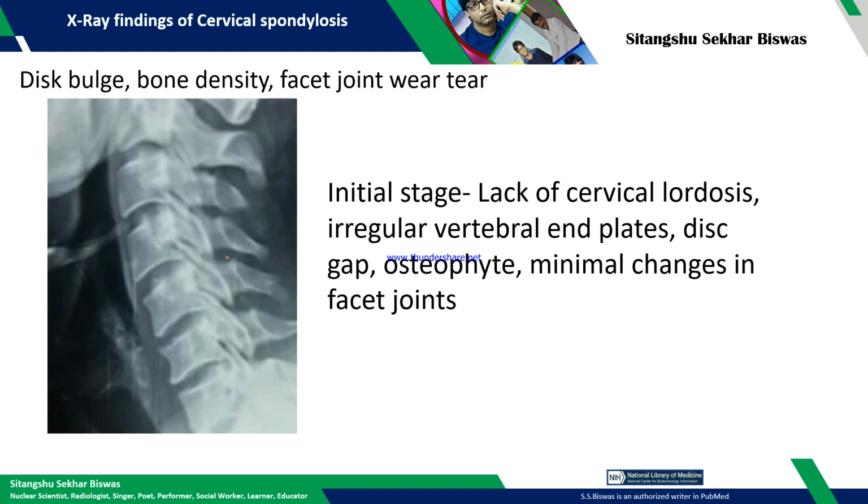Now you see this X-ray image, it's showing the initial stage of cervical spondylosis. Now you can see the first point, there is a lack of cervical lordosis. The lower portion has become more or less straight. Okay, it should be like this, but the lower portion has become completely straight. So there is a lack of cervical lordosis.